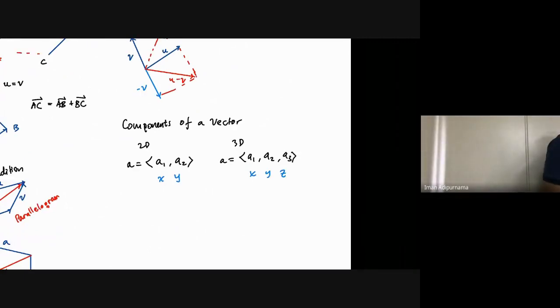And let's say we draw the 2 dimensions, and let's say A is this vector. So we have A1 at this point and A2.